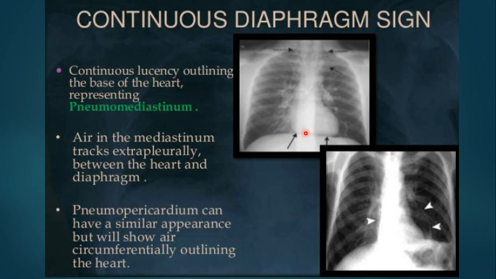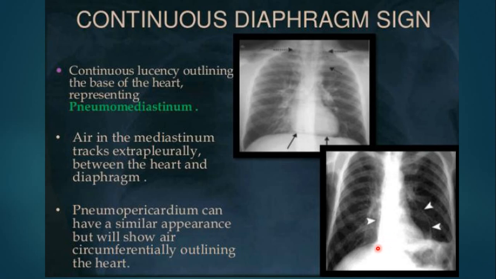Normally the diaphragm fuses with the heart at the center. This is called the continuous diaphragm sign, and it indicates pneumomediastinum, due to the air in the mediastinum that tracks extrapleurally, outside the pleura, between the heart and the diaphragm.